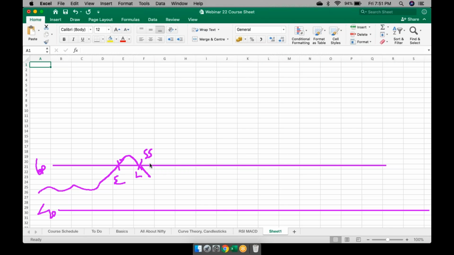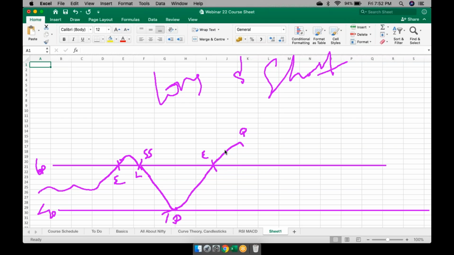If you have gone for short selling, it will come and touch the 40 line. This will be your target, so book profit. Again, when it is breaking, make an entry. When it is going up and makes a sharp bend, book profit. Very simple, that's all. In this you can do long and short.